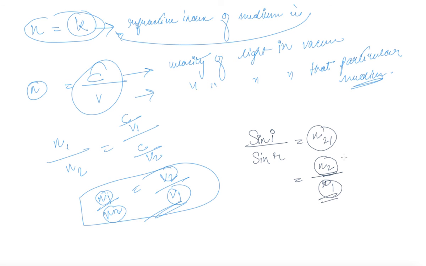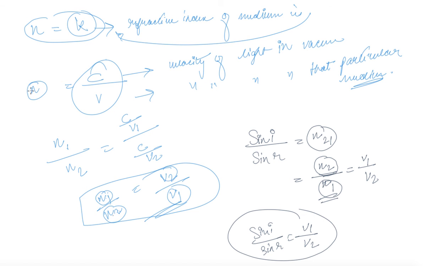And if you compare the velocities, since n1 by n2 is v2 by v1, this becomes v1 by v2. So sin i by sin r is also equal to v1 by v2. So this is how you can understand what n is. The refractive index of a medium is the speed of light in vacuum with respect to the speed in the medium. This is how you can understand Snell's law and refractive index.